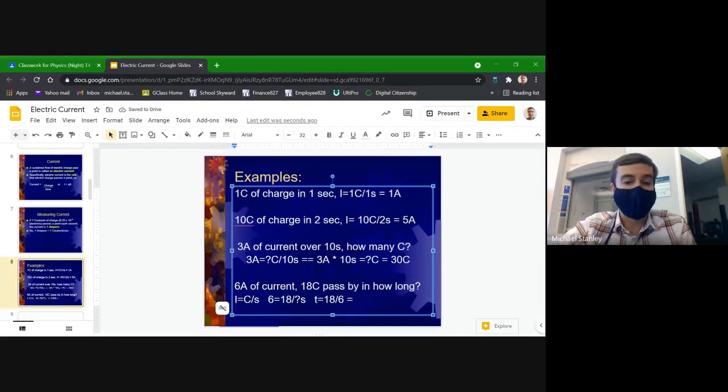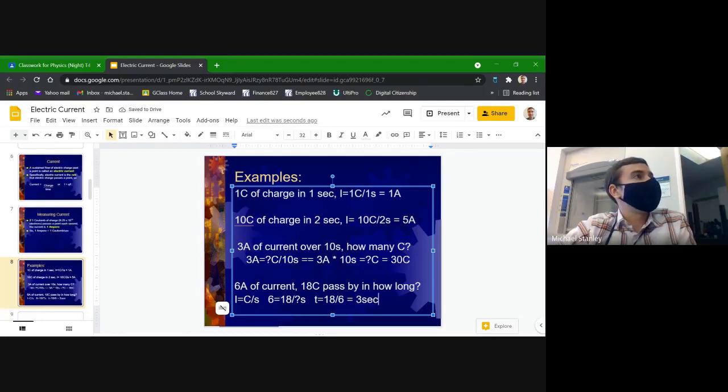And so 18 coulombs of charge in a 6 amp current will pass by in approximately 3 seconds.